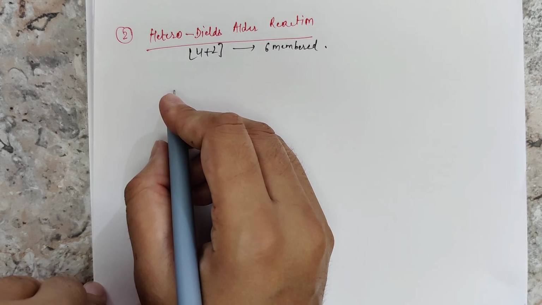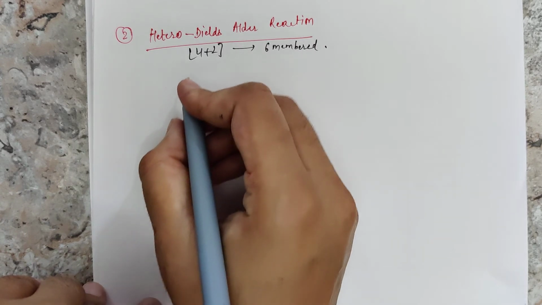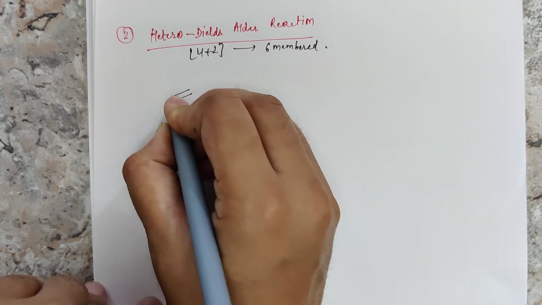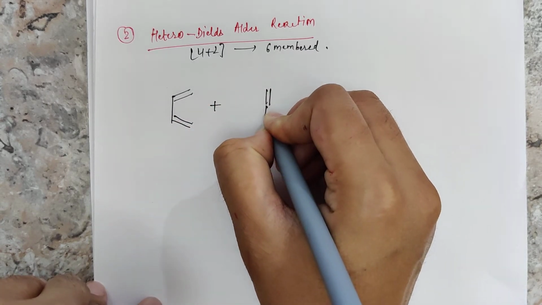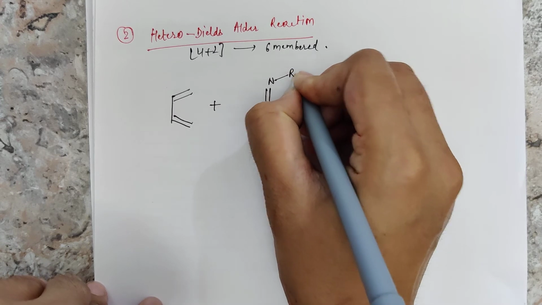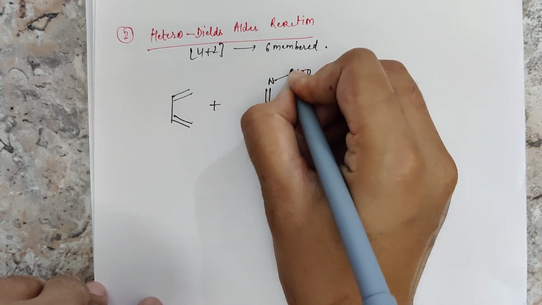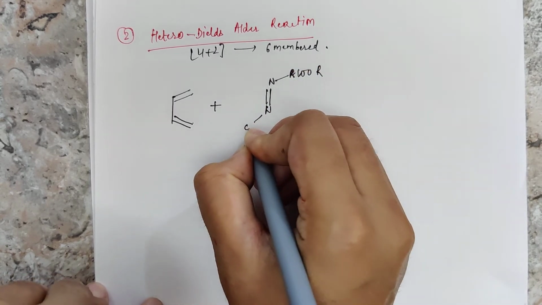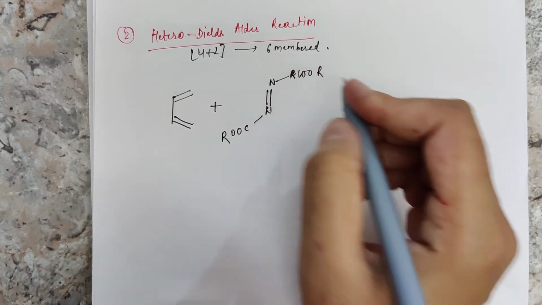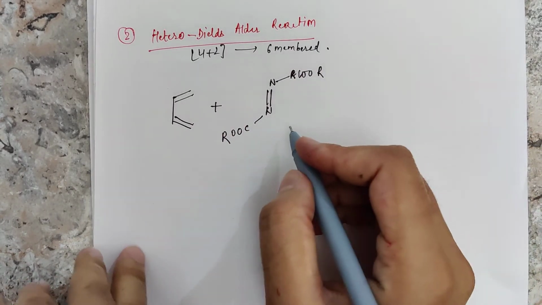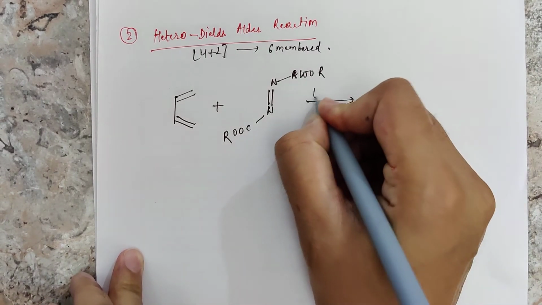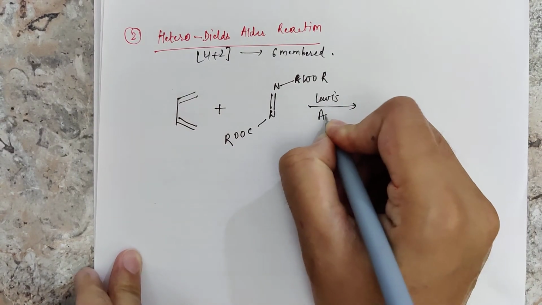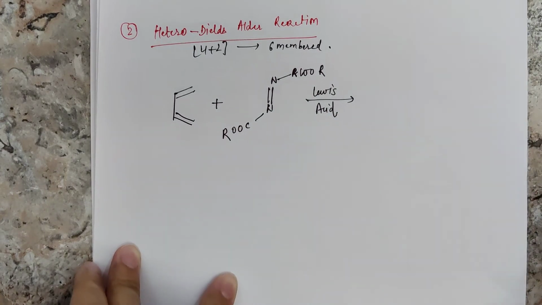But in this case 4 plus 2 addition is happening, but the ring obtained is heterocyclic. Similar thing, Lewis acid के presence में you will have the reaction.